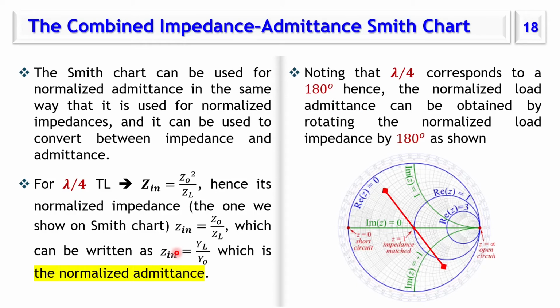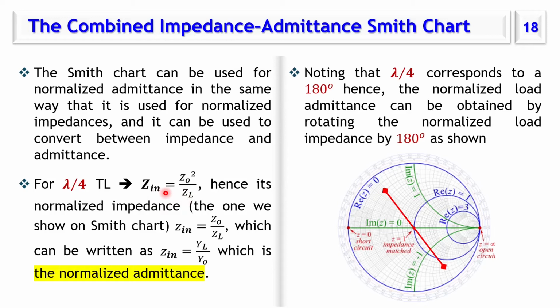One other interesting property of the Smith chart is that so far we used it to link between the reflection coefficient and the normalized impedance. Also, we can use the same concept to relate the reflection coefficient to the normalized admittance. If we move lambda by 4 away from ZL, the input impedance would have this value here.